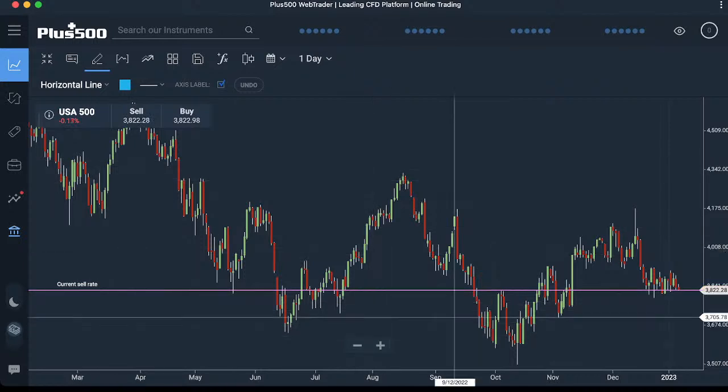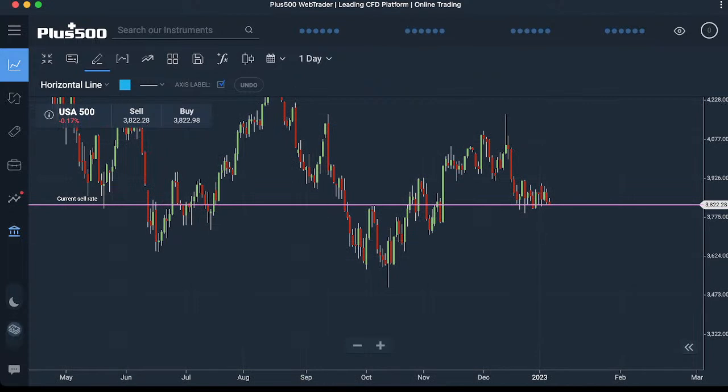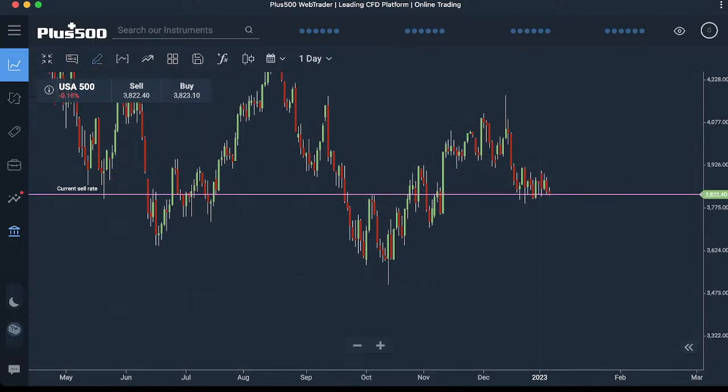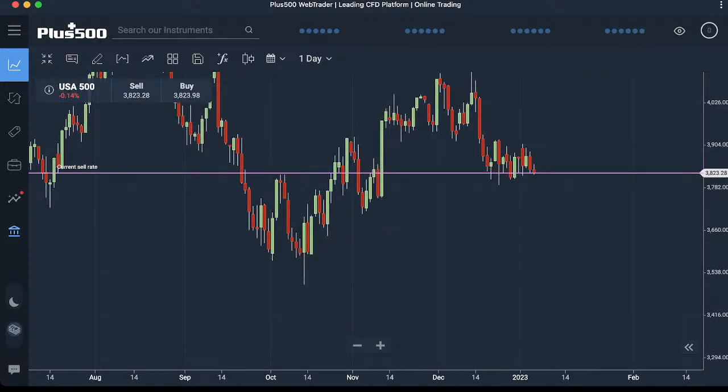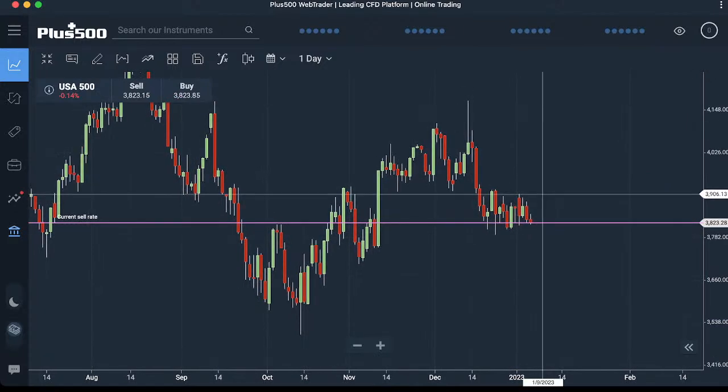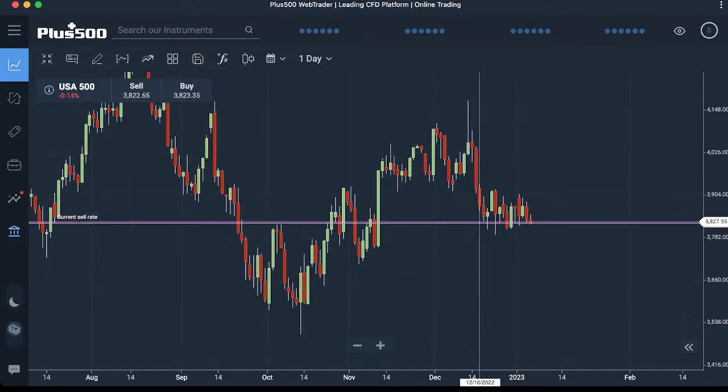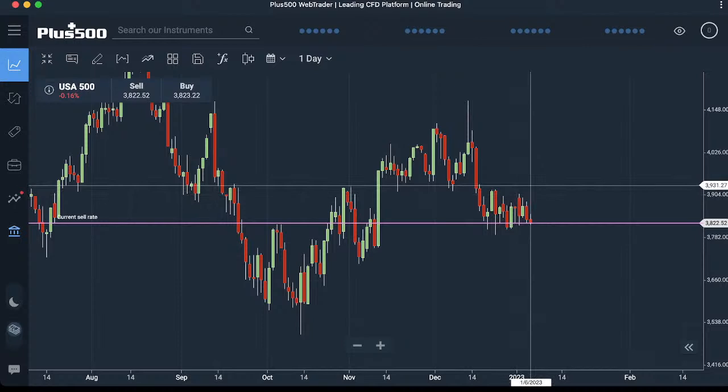Okay, and you can see this consolidation. It started from almost mid of December, and still in the new year this consolidation is not broken, and you can see this fair value gap above.